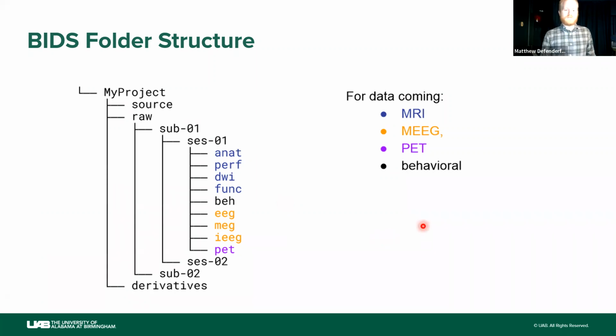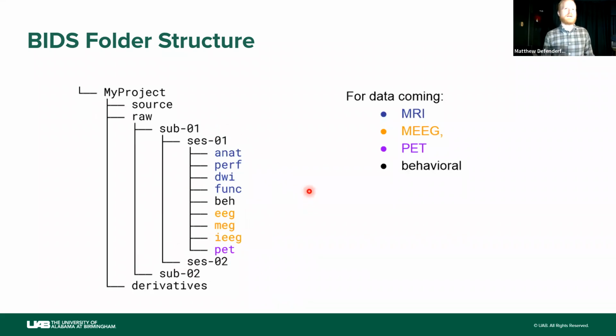All right. Then the last folder that I'm going to talk about in here. So you have the raw folder here. You also have a derivatives folder. So the derivatives folder contains anything that is derived from this BIDS sorted raw data. Okay.